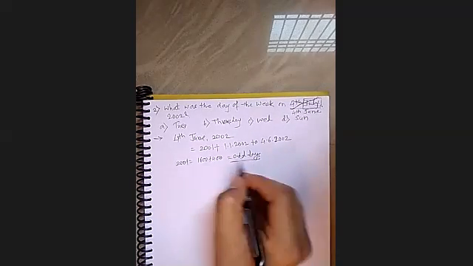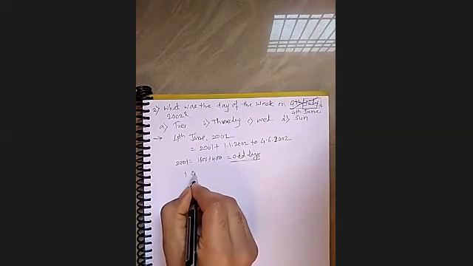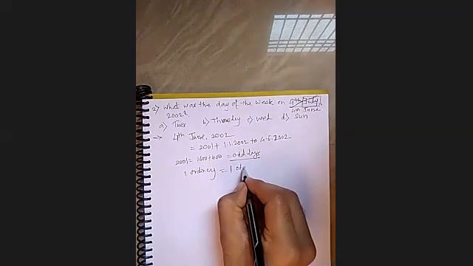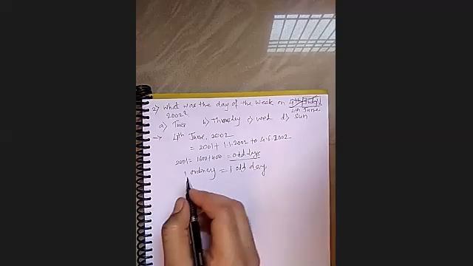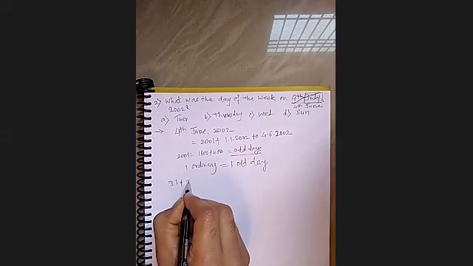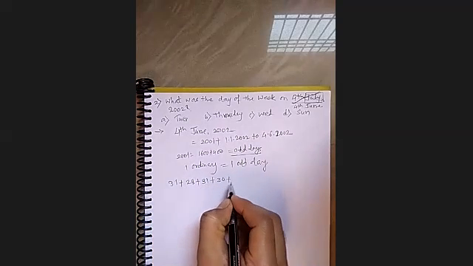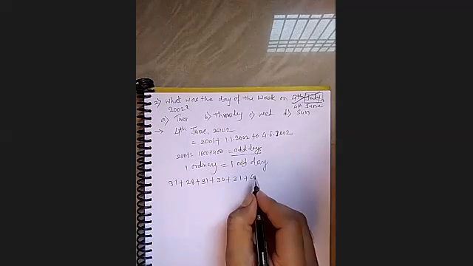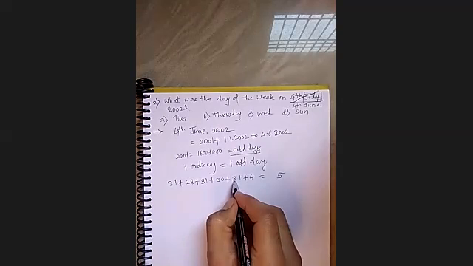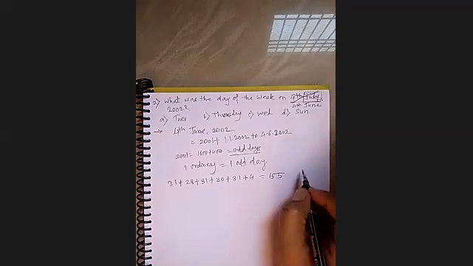Next year, 2001, is an ordinary year, so one odd day. Then for January, February, March, April, May, and June, it becomes 155 days.